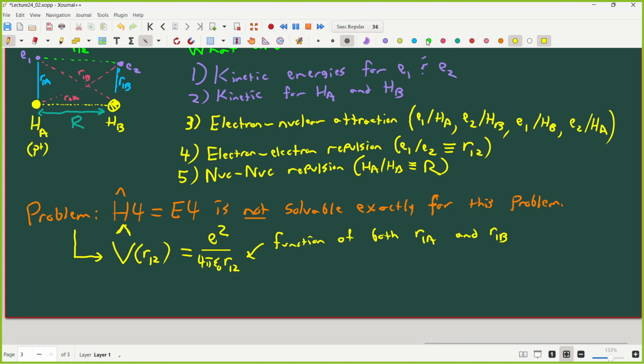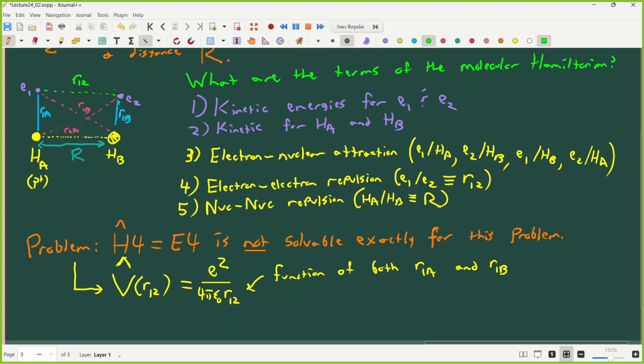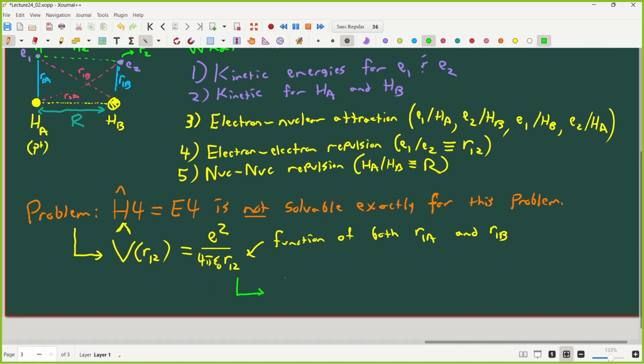Let's say the positions of the electrons are R1 and R2, so we can track them. What you can show is that the commutator between R1 and V of R12 is not equal to 0.